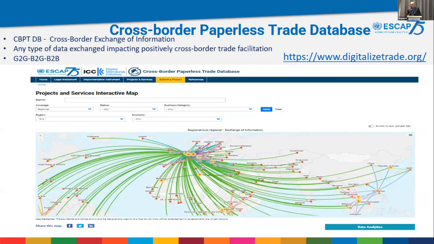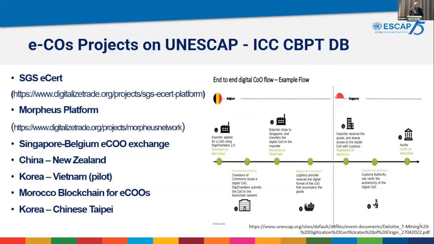Mr. Jan Duval mentioned the soft launch of the cross-border paperless database, and there we have several projects, all regarding the exchange of information between different countries on a bilateral, multilateral, and global level. In that database, we have 7 projects listed, all regarding certificate of origin information exchange.